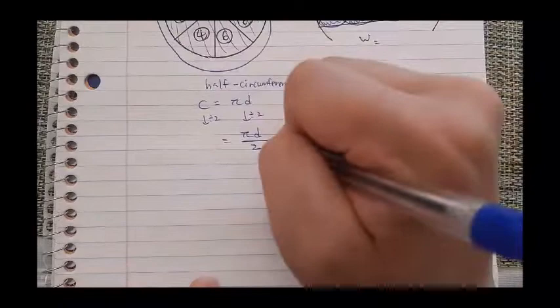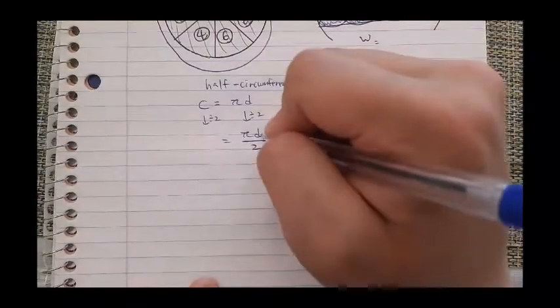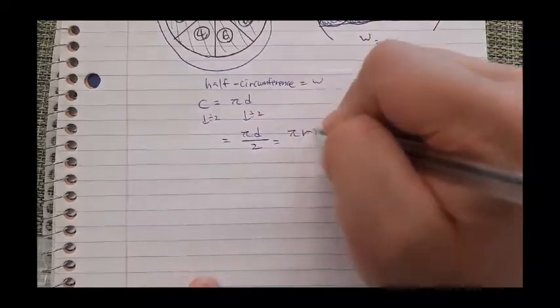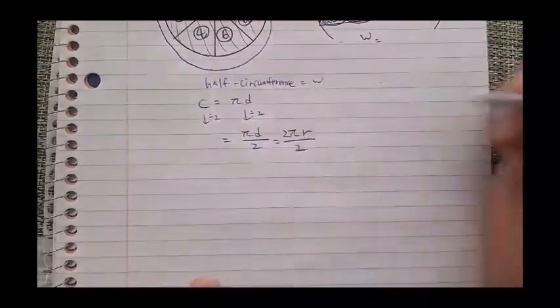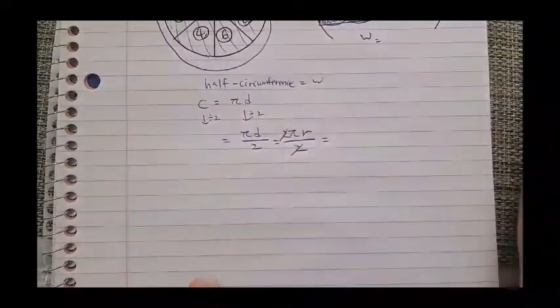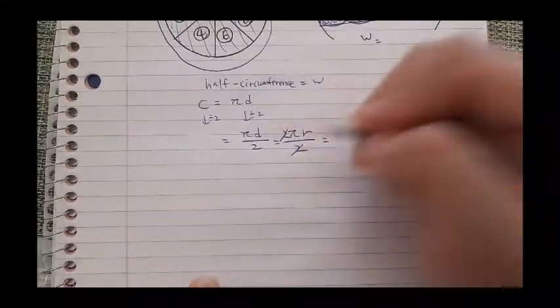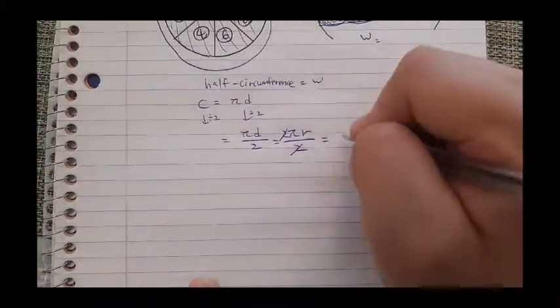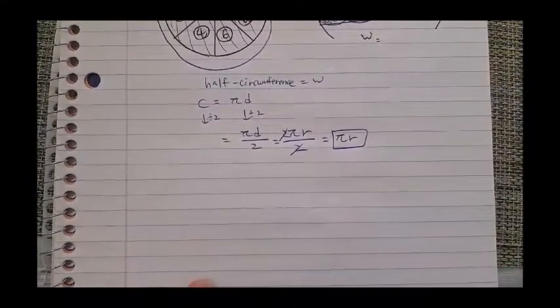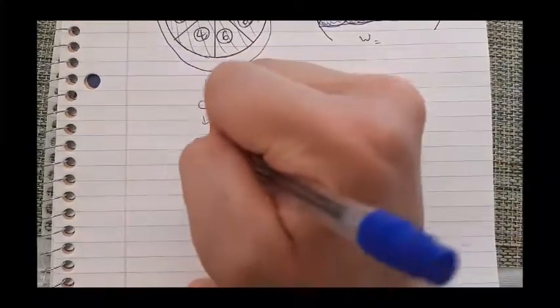But if I use radius, the diameter is 2r, right? So you can think of it as 2 pi r over 2. Then the 2 and 2 cancel each other, because multiplying by 2 and dividing by 2 cancel each other. Long story short, you have pi r. That is my half circumference.